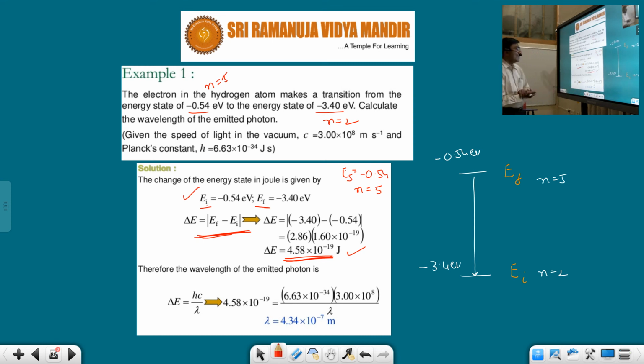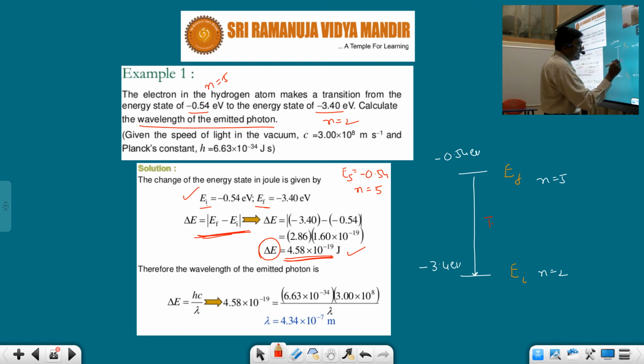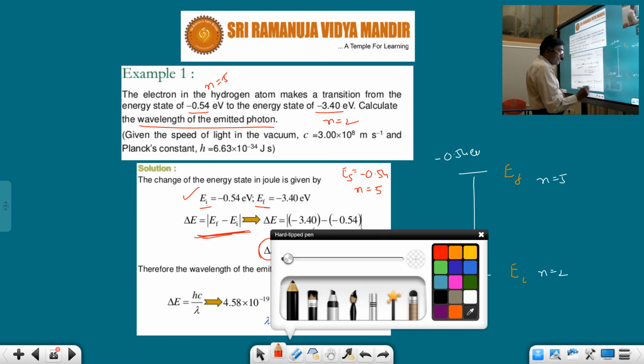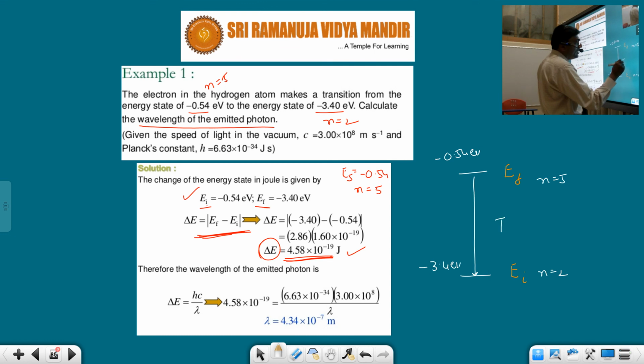Now students, you have to calculate the wavelength. Delta E is the transitional energy. What is transitional energy? E2 minus E1.